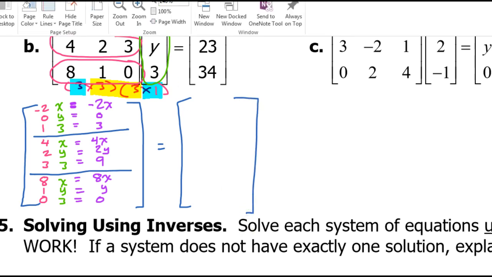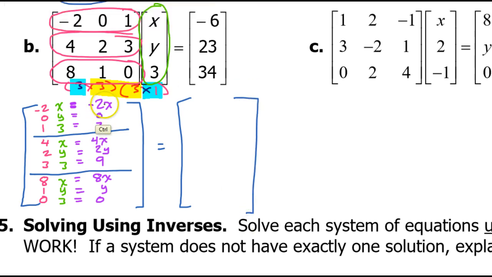So if I add these, look at these purple numbers. If I add these together, for the first row, I'm going to get negative 2x plus 3. I'm just adding these three expressions. For the second row, I'm going to have 4x plus 2y plus 9.